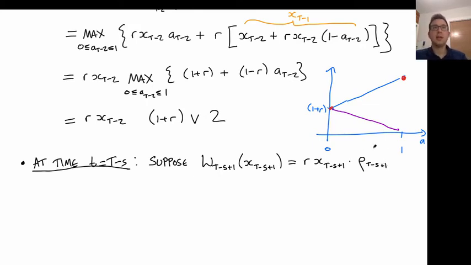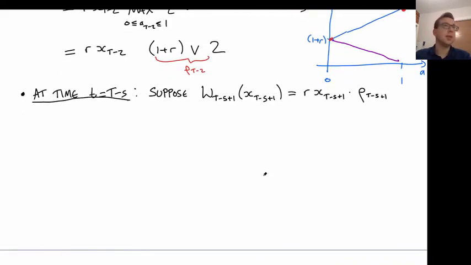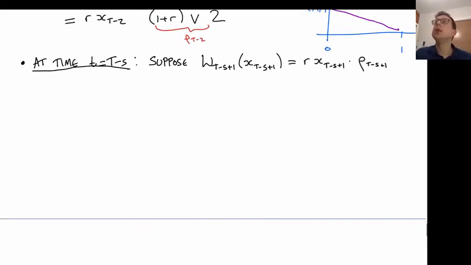So some factor that I've multiplied on. In this case, this is rho of t minus 2. We want to know how this is combined together to give the next value, if indeed it does. We can follow the same steps as before.